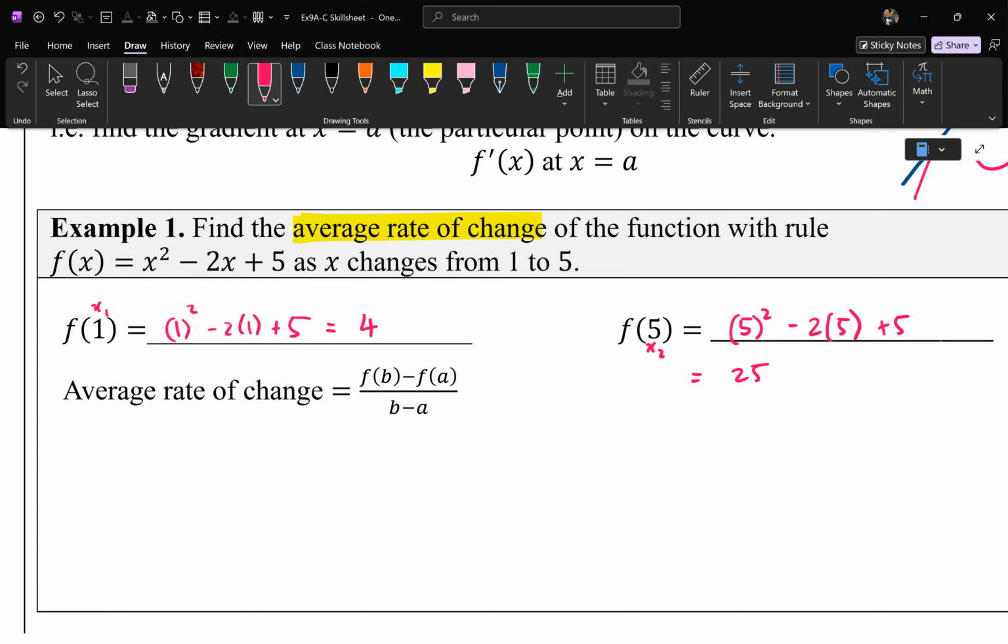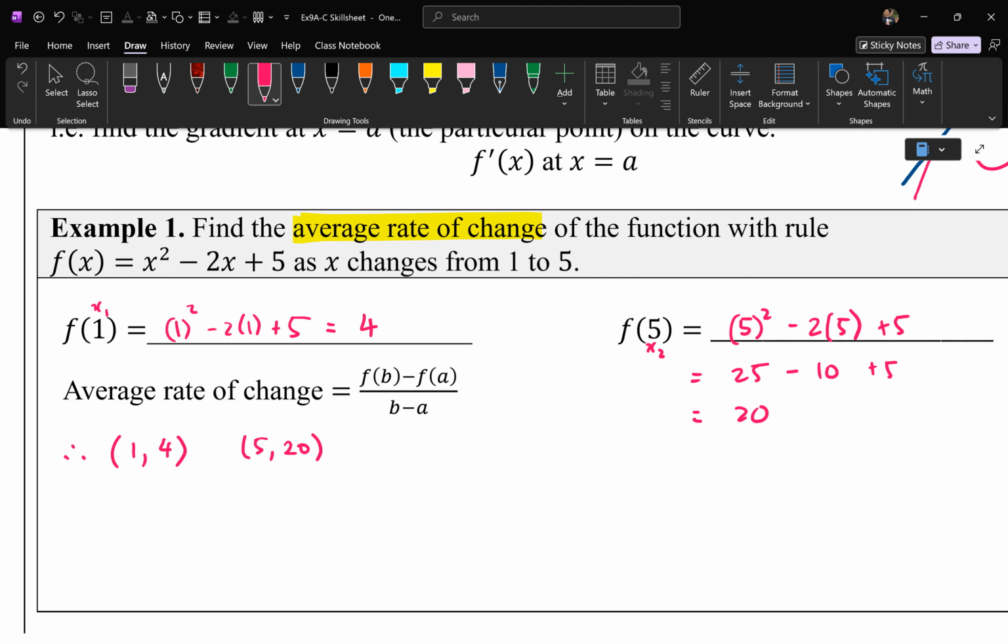And we can see that's what? 25 minus 10 plus 5 gives you 20. So what this basically means is you got 2 coordinates. When x is 1, y is 4. That's the first point. The last bit was starting from x equals 1 to x equals 5. So if x was 5, we worked out that y is 20.